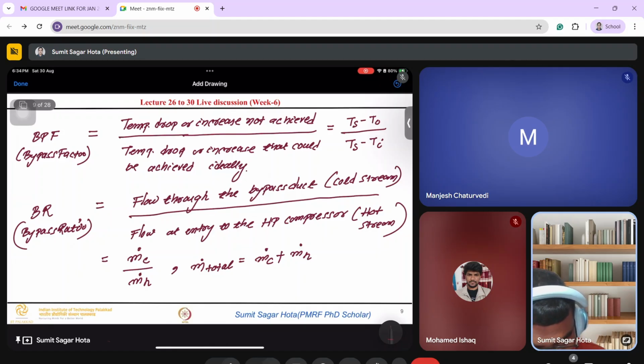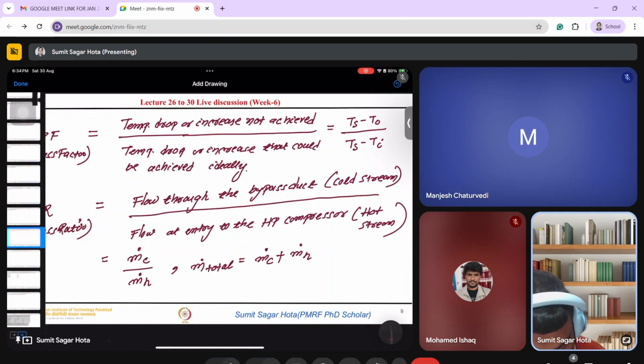And how will the questions be asked? They will give you the total mass flow, and then ask what the cold stream mass flow or the hot stream mass flow is. Or they will give you both m dot total and BR, and ask what m dot c or m dot h is.